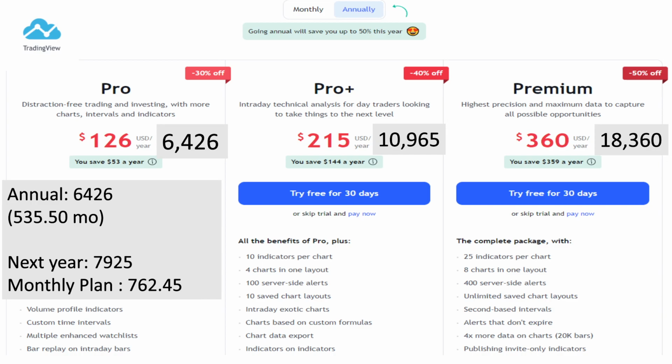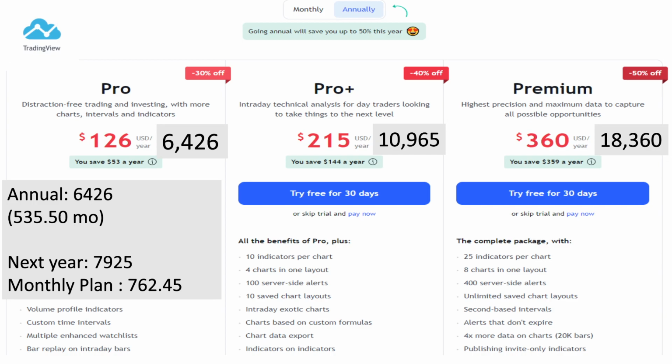Very important to consider this. TradingView, the first year for this Pro account is 6,426, which equals about 535 per month. But you got to remember that the first year is discounted, right?